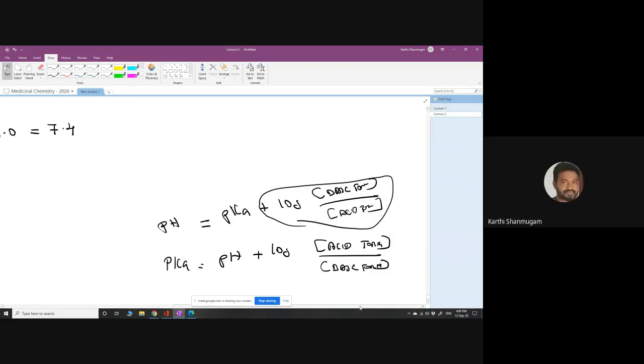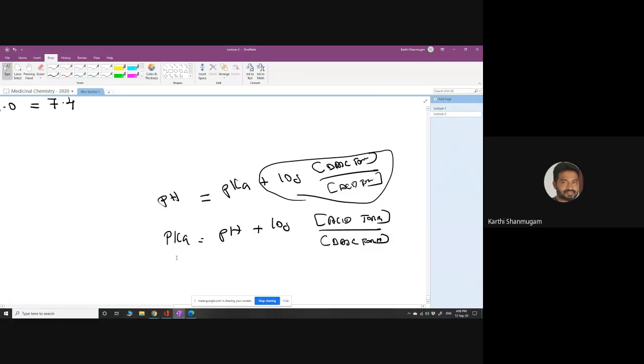It's right. Okay. So now the pK value is given. What's the pK value? The pK is equal to 8.0 and pH is equal to 7.4. If I say pH is 7.4, so what is the biological fluid? We discussed that different parts of the body have different pH, right?